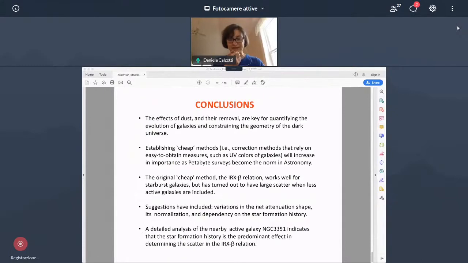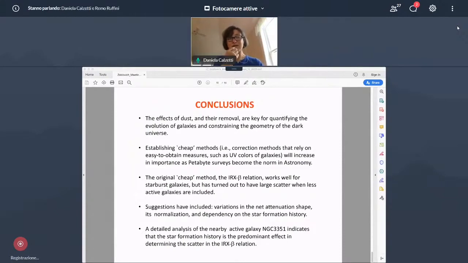Sorry, the dust has shown tension with the cosmological models? Yes, in terms of what you expect from the evolution of galaxies. Yes, so there are many tensions. I'm not sure which one you are referring to. Any. Oh, okay.